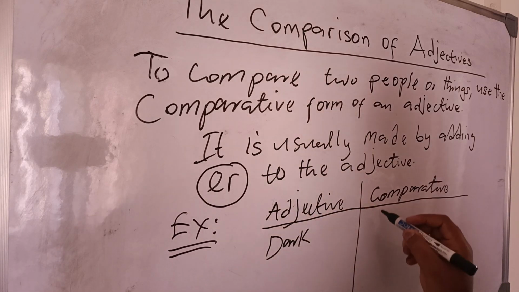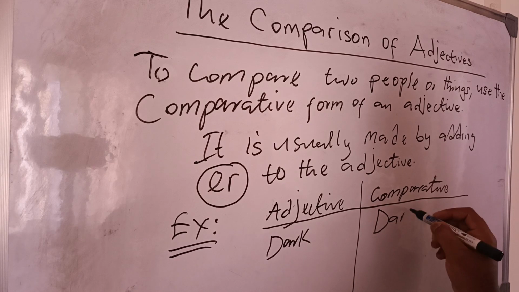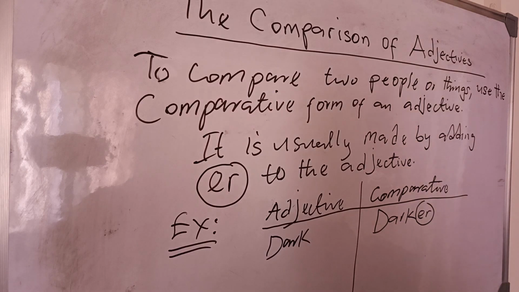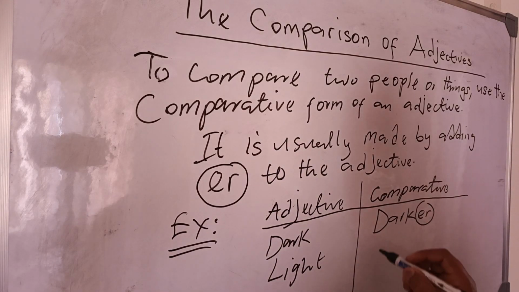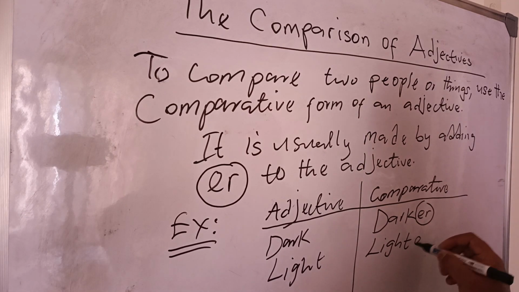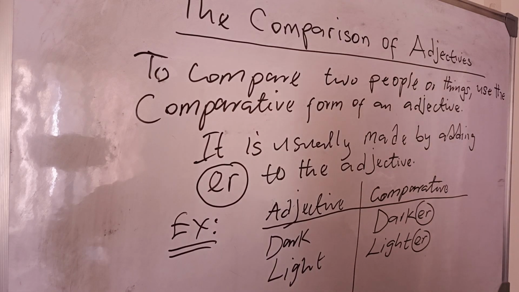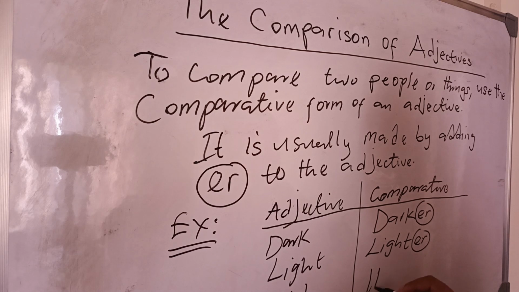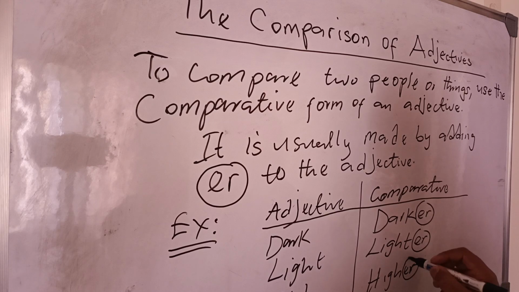If you add er, it becomes what? Darker. Then we have light. If we add the er to light, it becomes what? Lighter. So we have higher or high. If we add er to this, it becomes what? Higher. So you can see.